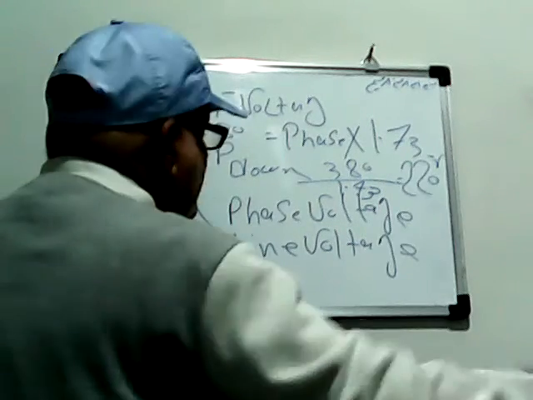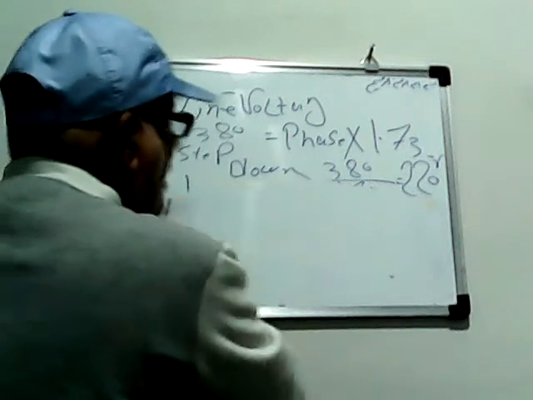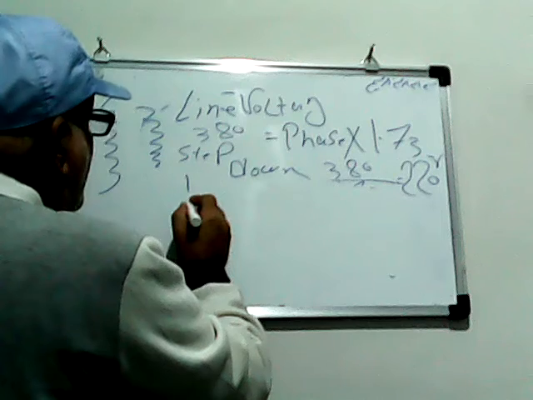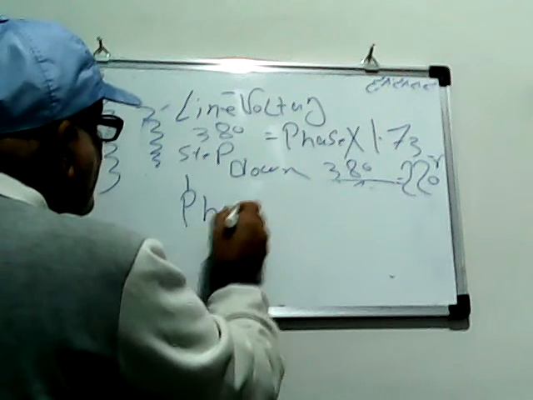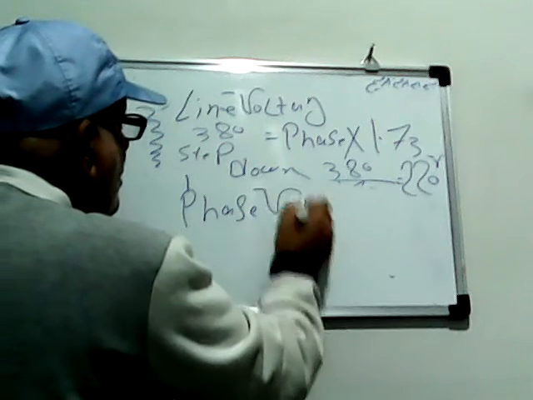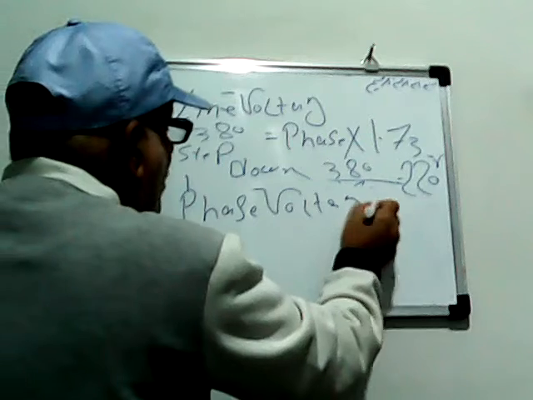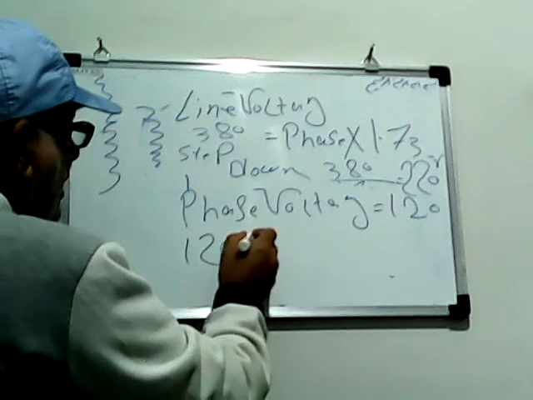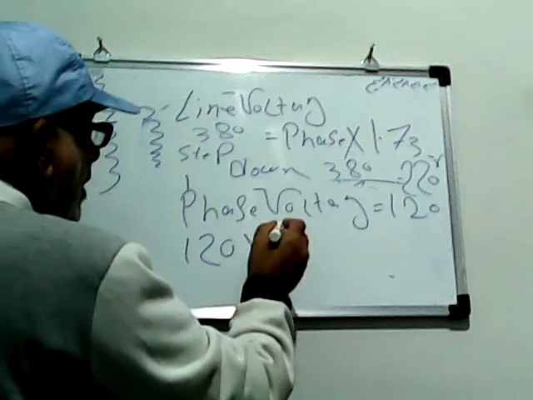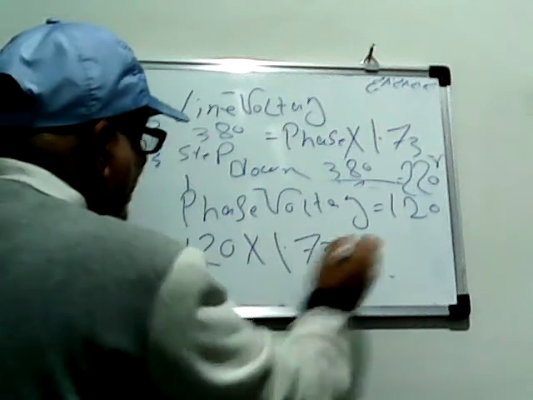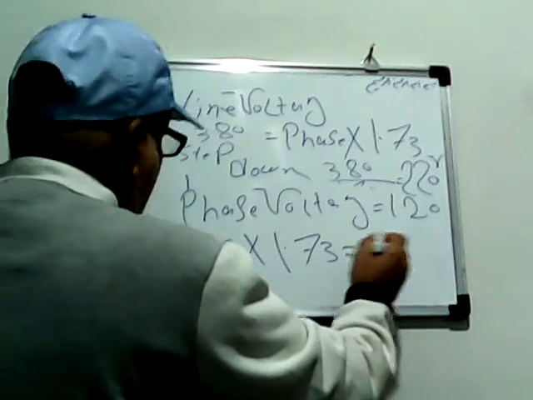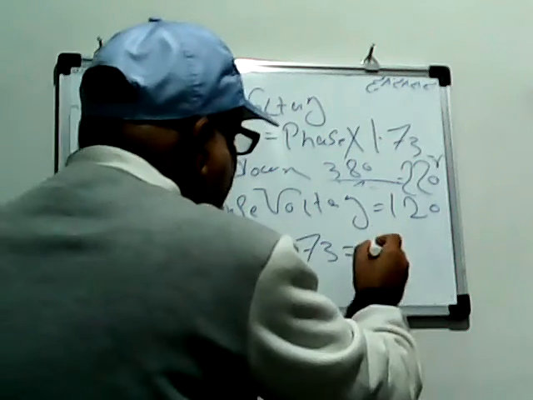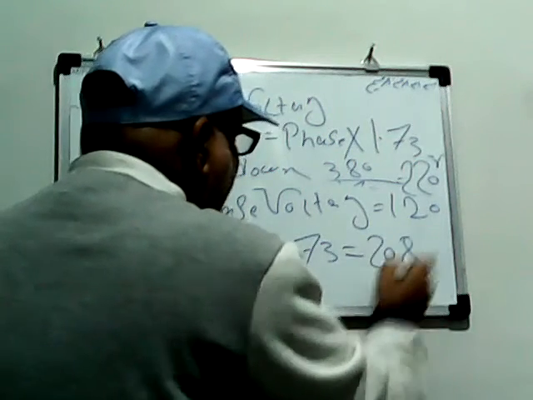In the United States, phase voltage is 120 times 1.73, equal to 208 volts.